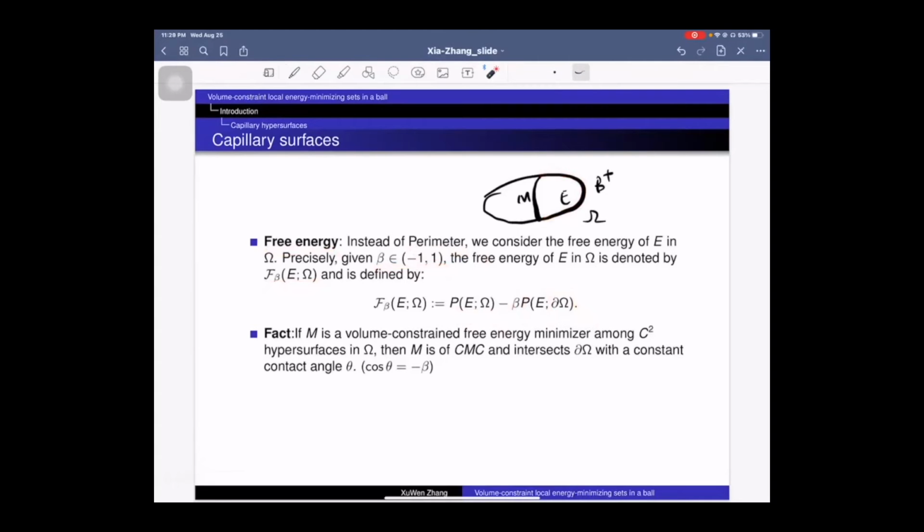Now we consider the surface area of this part minus beta times the surface area of this part. And if M is a critical point of such a functional, then we will see that M is of constant mean curvature and intersects the boundary of Omega with a constant contact angle, which looks like this.